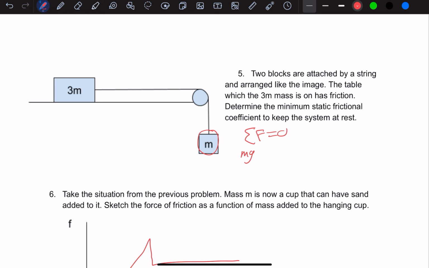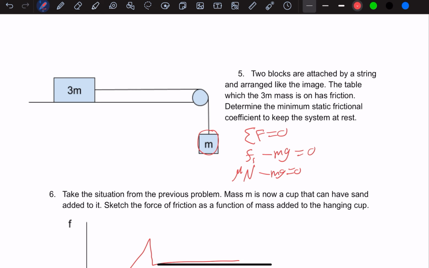Let's make that negative. So we have the static frictional force minus mg keeping this thing at rest at 0. The static friction is mu n minus mg equals 0.